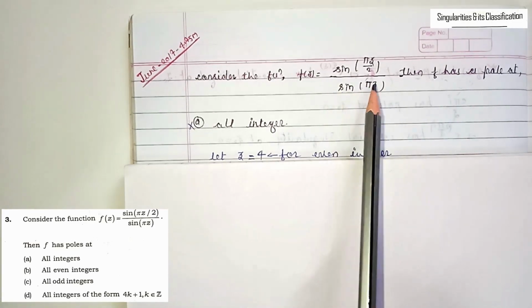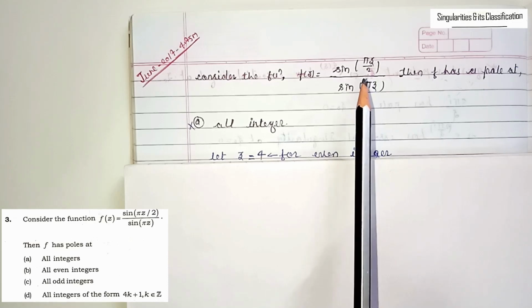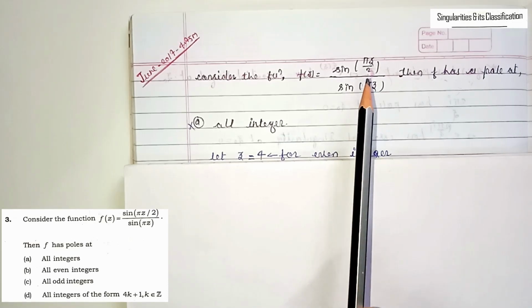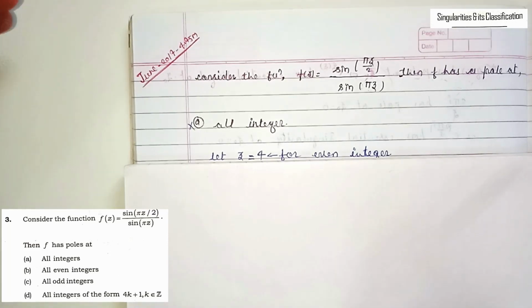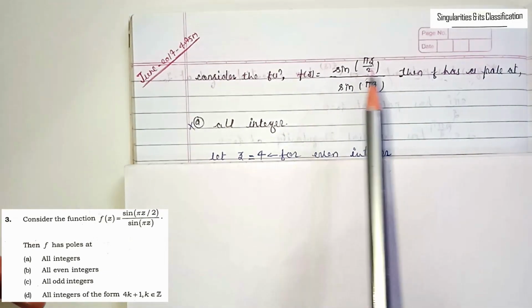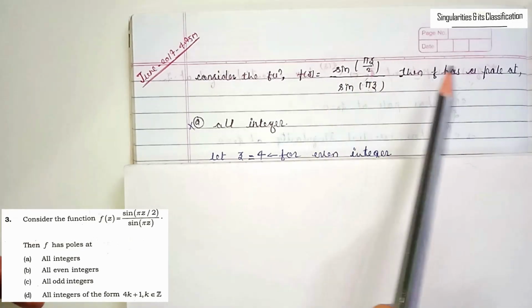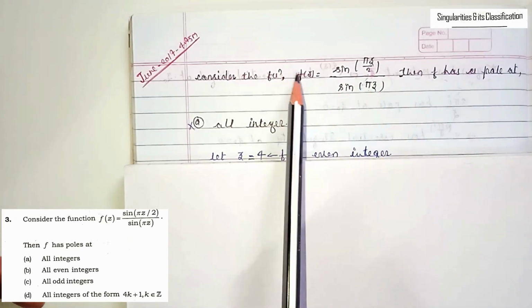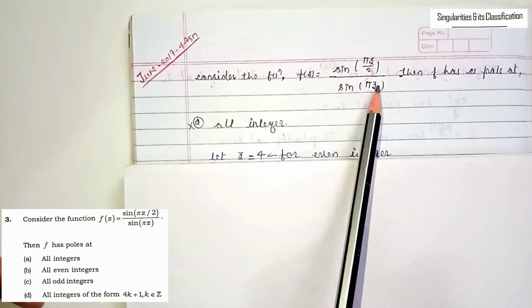So we have to check whether it has a pole, a removable singularity, or a non-isolated essential singularity, and divide the singularity accordingly. If our function possesses a removable singularity or non-isolated essential singularity, then we can say that our function does not have only poles. But in our question we are given that for every value, our function gives a pole.